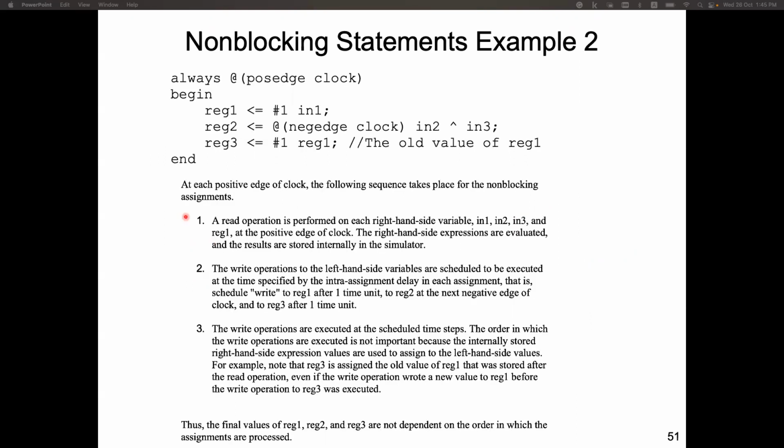One more example is given to illustrate the non-blocking statements. This example shows you why non-blocking statements are used in digital design.